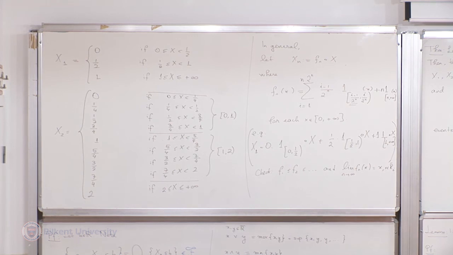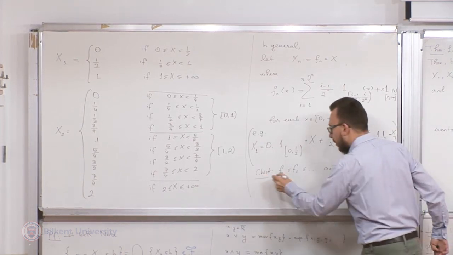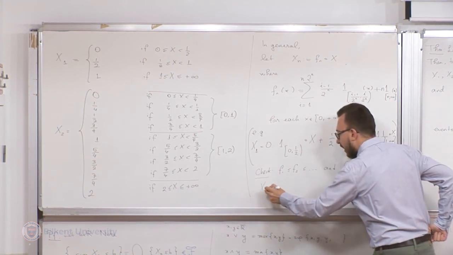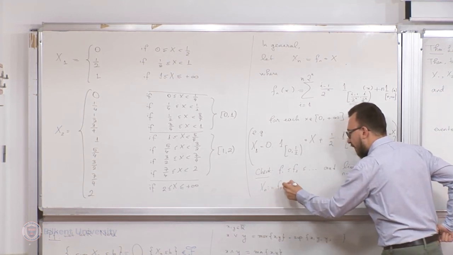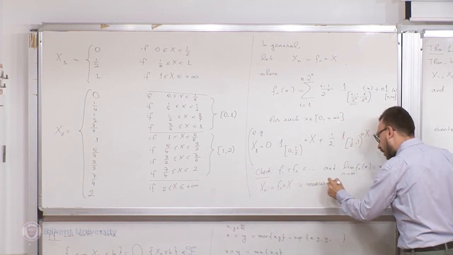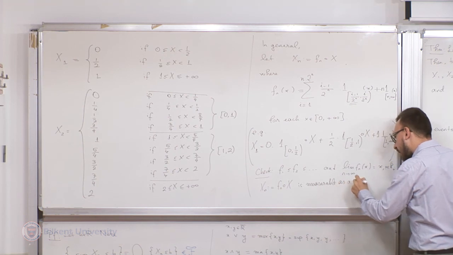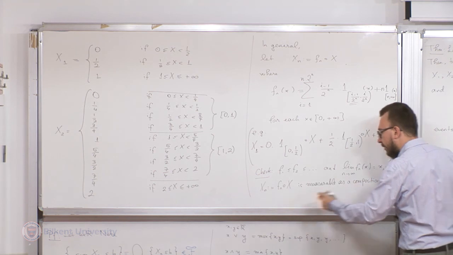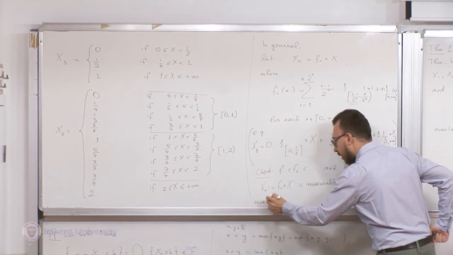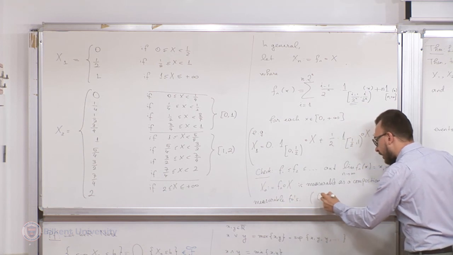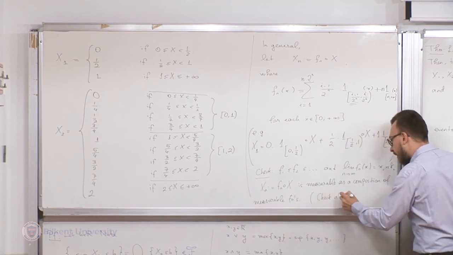I'm going to skip it. But we know that fn of x is measurable as a composition of measurable functions. I should also say, check also that fn is measurable.